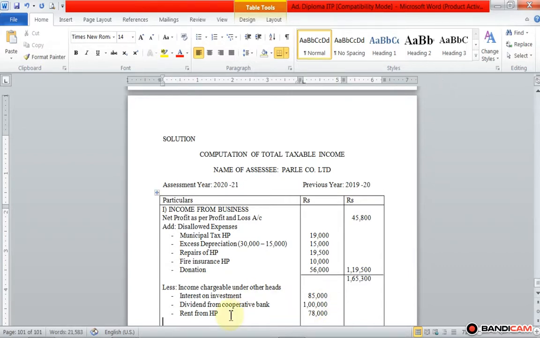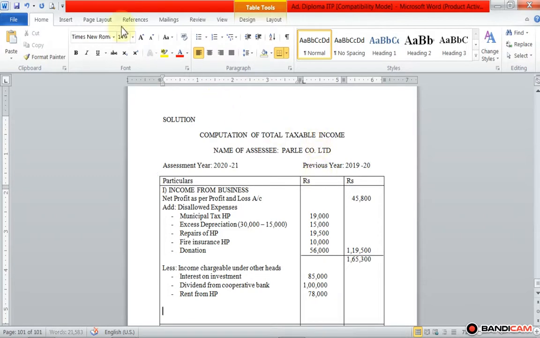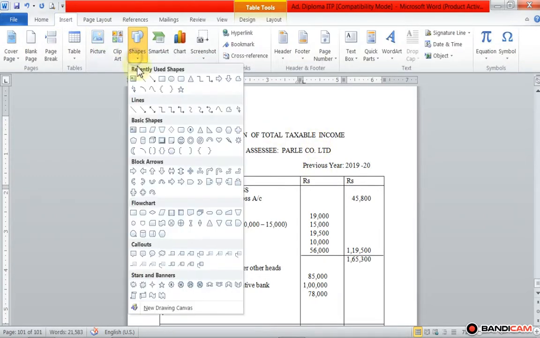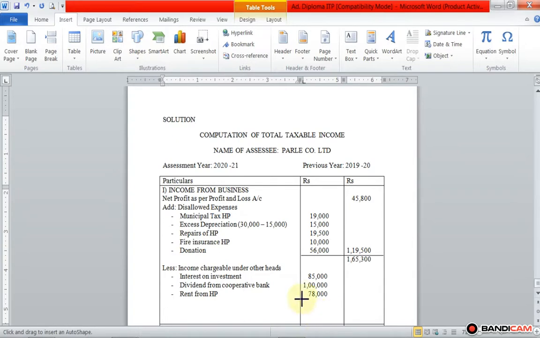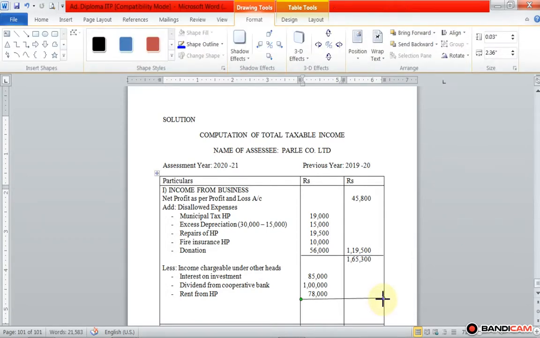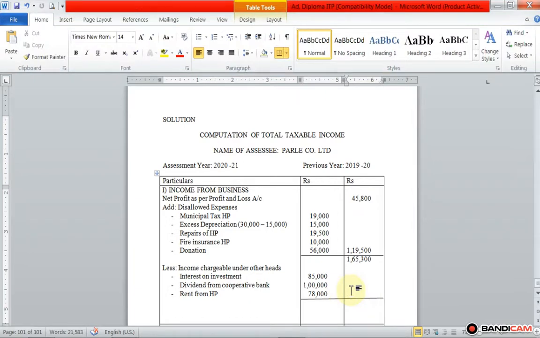Then we make a total. Here the company incurred a loss from business. Make a total: 85,000 plus 1 lakh plus 78,000, that is 2,63,000.